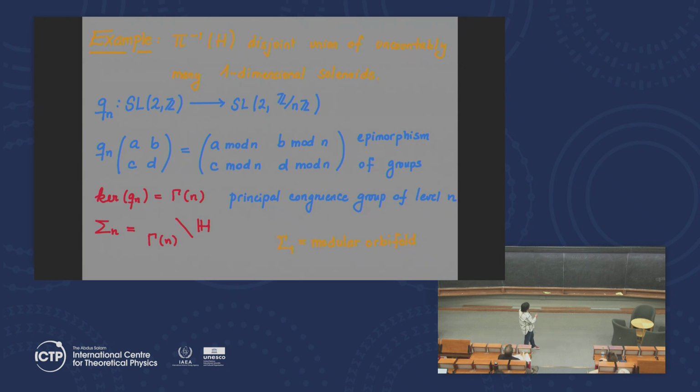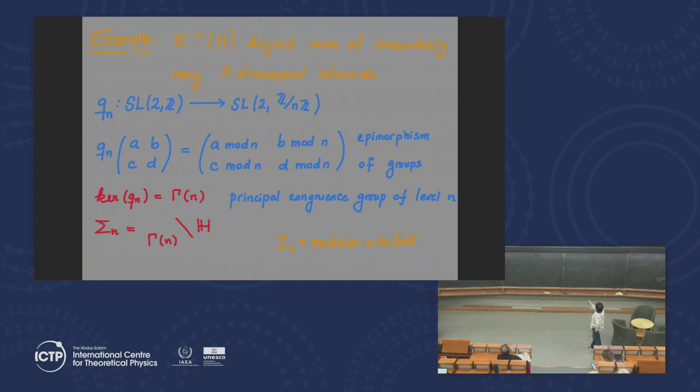We start by looking at a very classical object. Take the group SL2Z and the morphism that sends it to SL2 of Z mod n, which is simply: you take a matrix of integer coefficients a, b, c, d, and you reduce all the coefficients mod n.